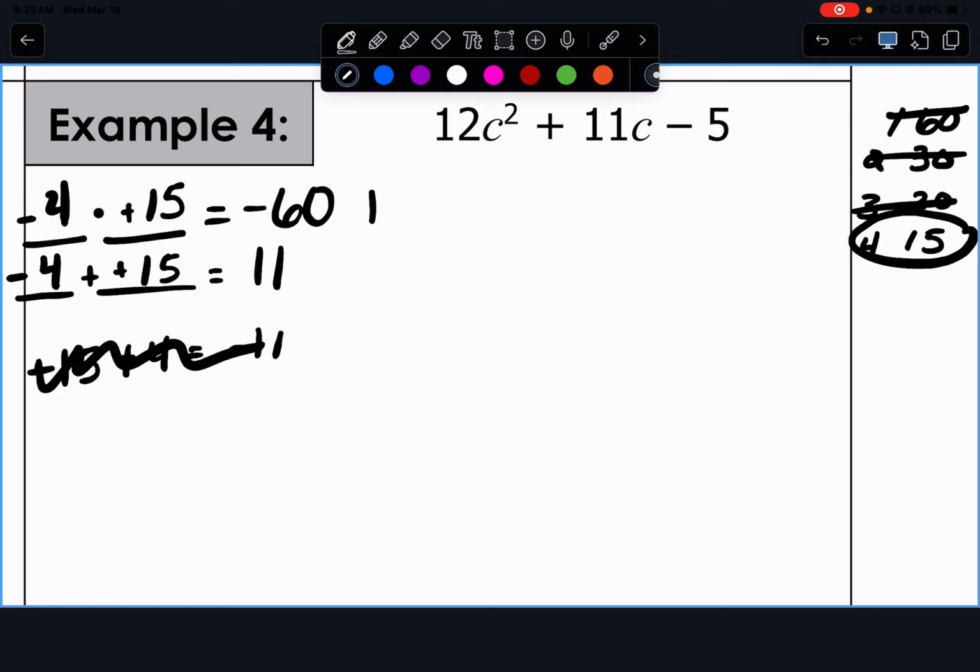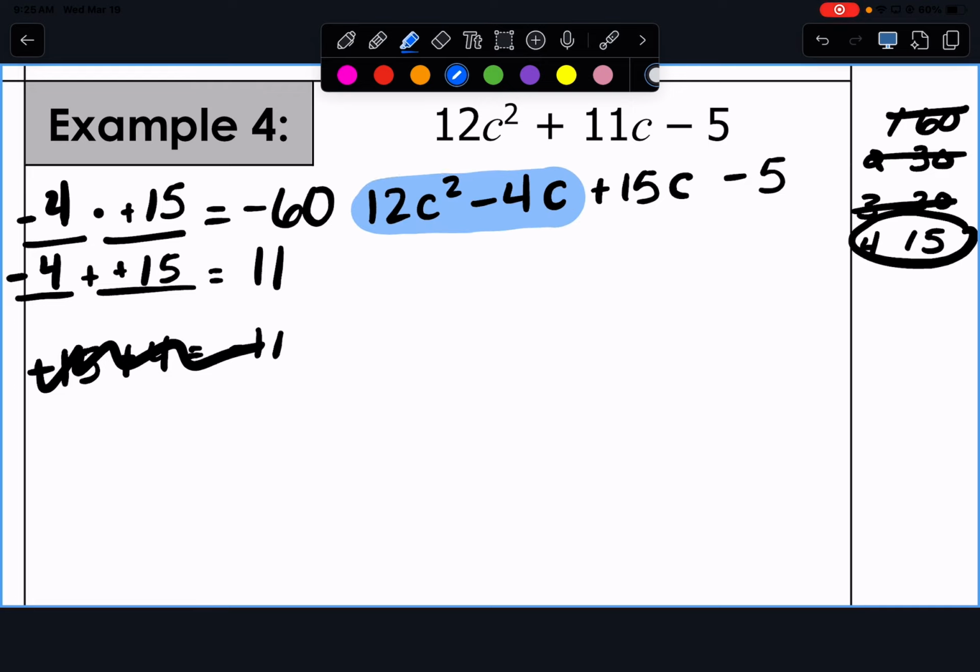And then we're going to do 12c squared minus 4c plus 15c minus 5. And then we group. For the first two's group, what's our GCF? Not just 4, but negative 4, which will leave us with?